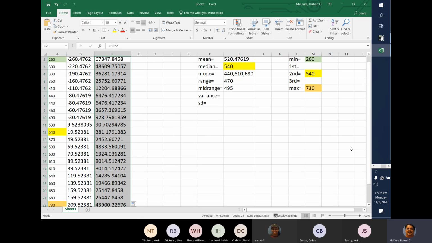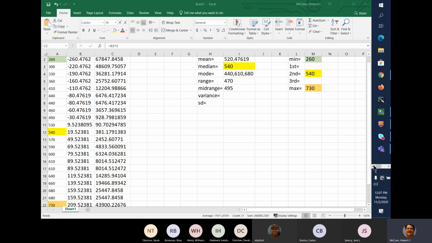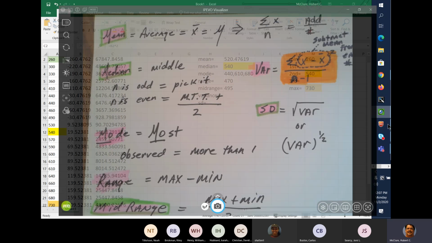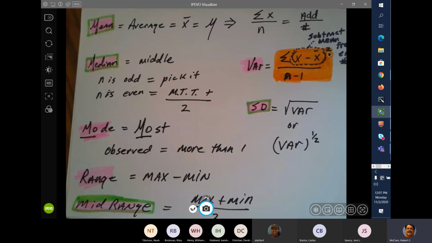Okay, now let's look at the formula and see what the formula tells us to do. We took X bar away from X and we squared it. Now what does that funky looking E mean? The summation, that's a capital sigma. What does that mean?